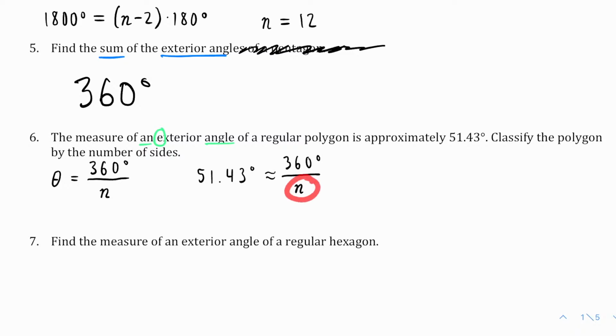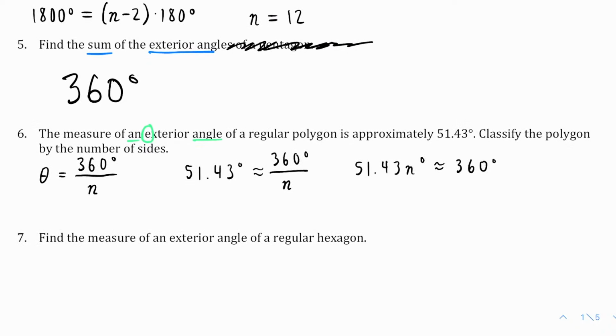And to solve that for n, we have to multiply both sides by n. So 51.43 n is approximately 360 degrees. To solve that for n, I've got to divide both sides by 51.43.